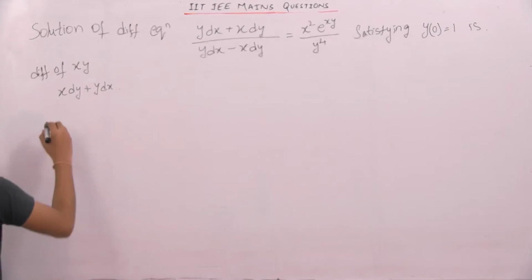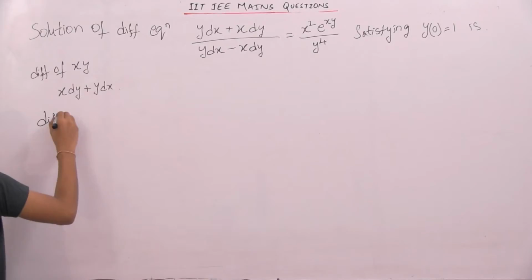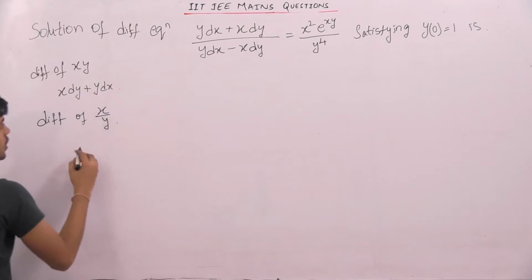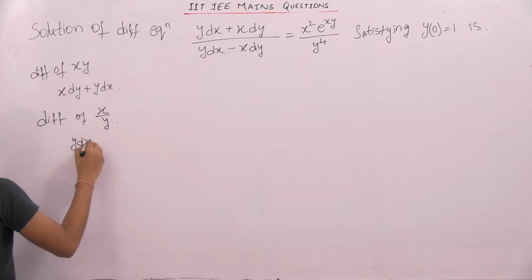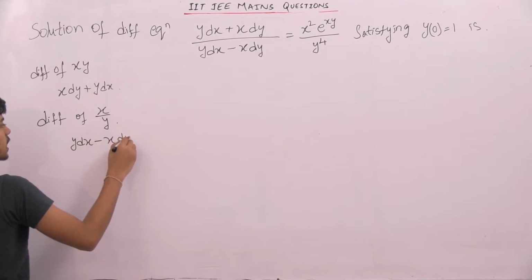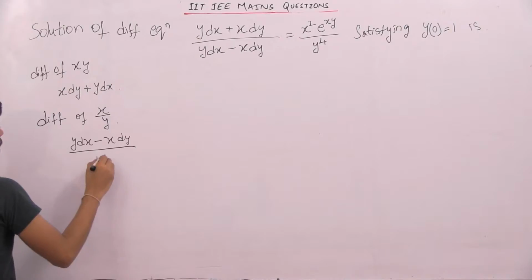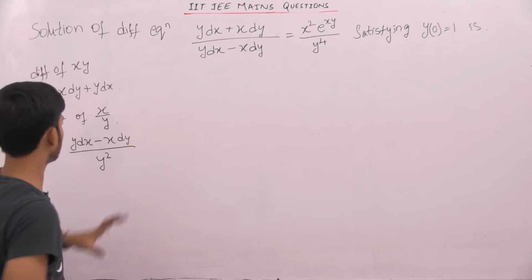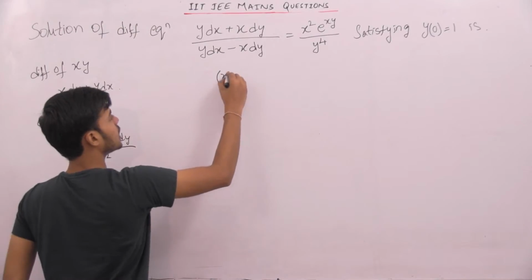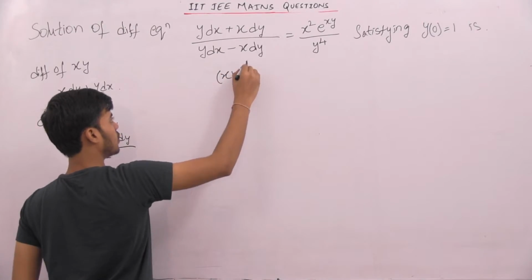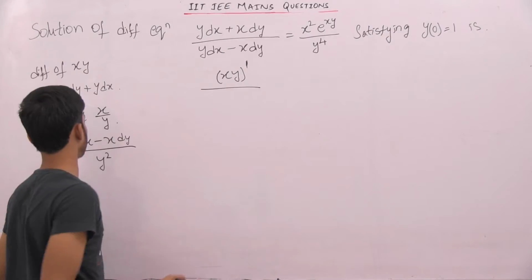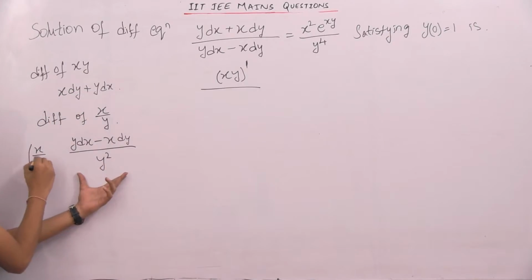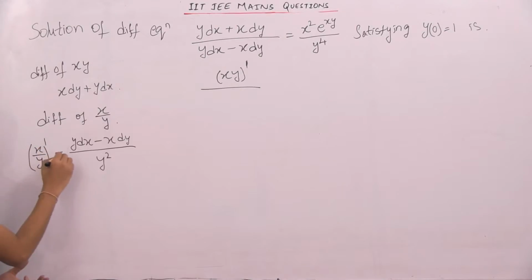As we have previously seen, it's a part of the differentiation of x by y, which gives us y dx minus x dy by y square. So let's put this information into this. The numerator is the differential of xy, and the denominator, which is the x by y derivative, is equal to this.